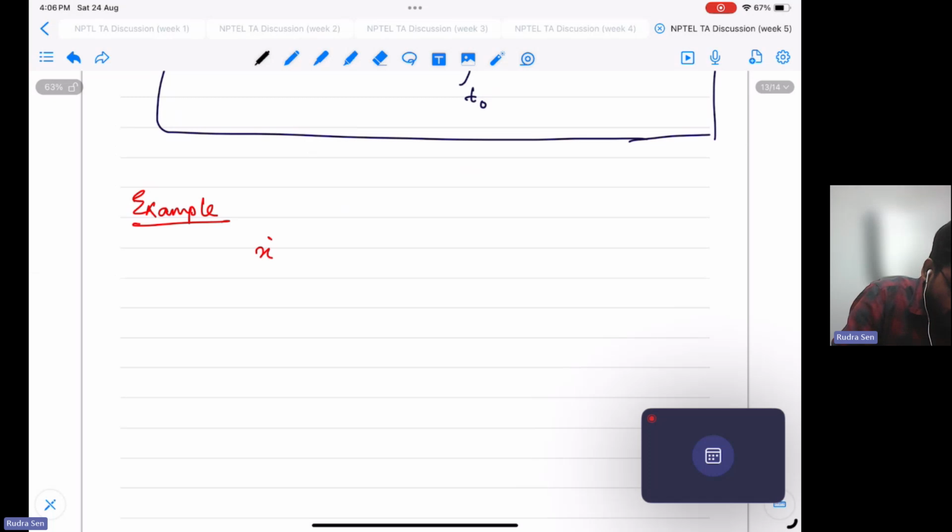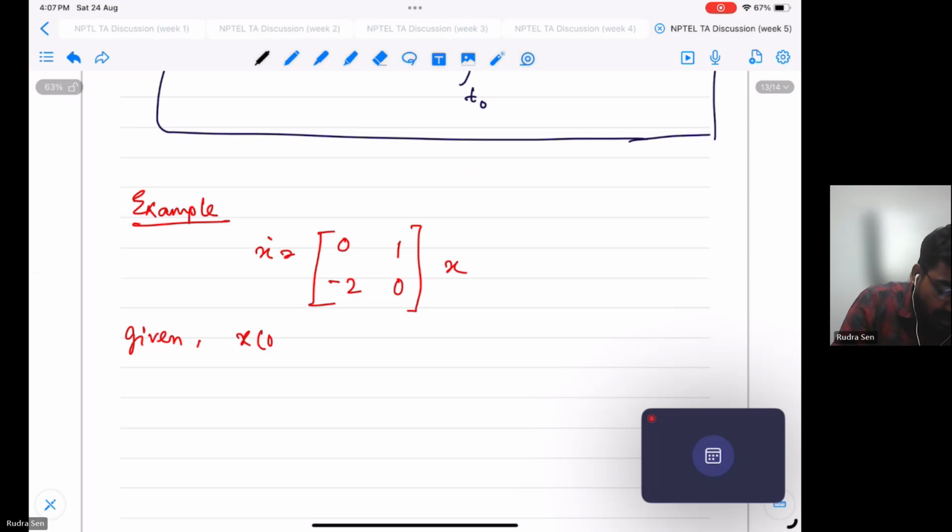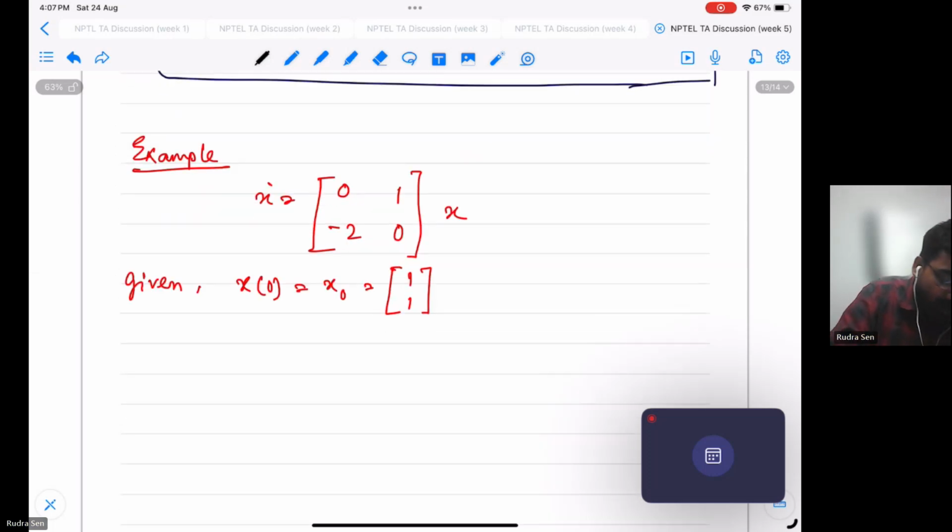The system is x dot equals Ax, where x dot equals the matrix 0 1, minus 2 0, into x, given x at t equals 0, that is x0 equals 1 1, and y equals, this is the matrix.